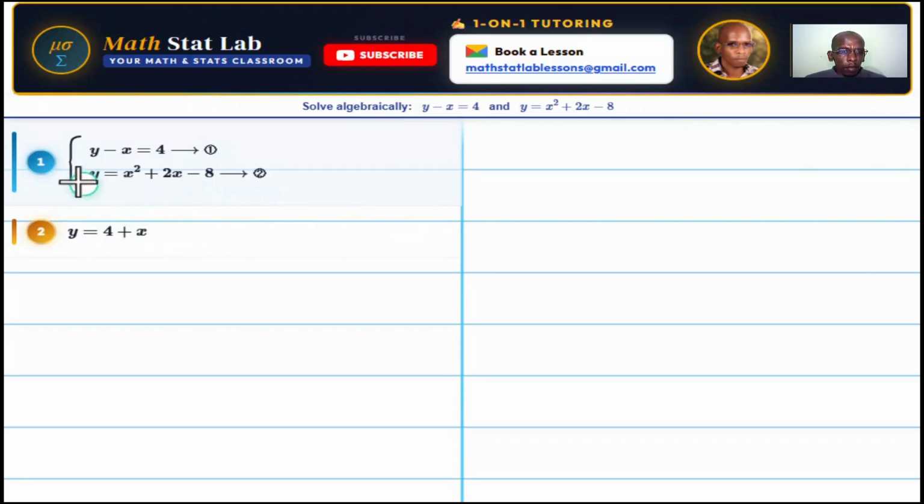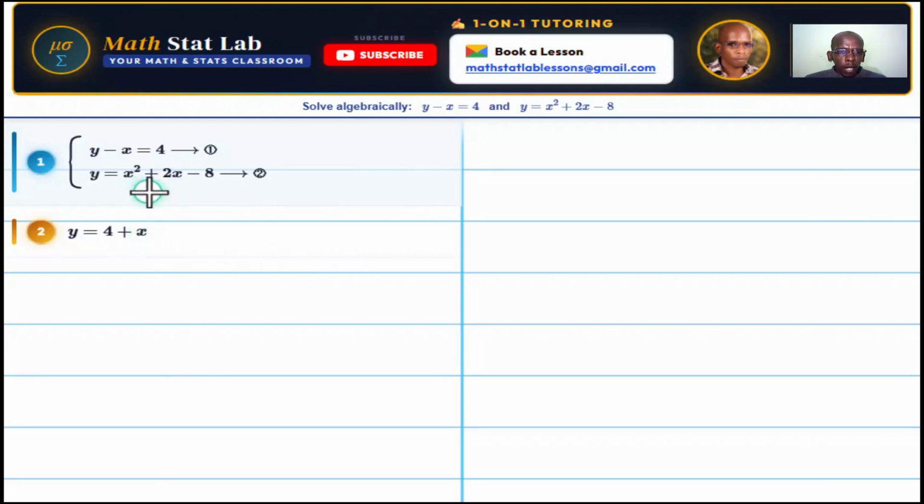So now you see we have the two equations as y is equal to 4 plus x, and the second one is y is equal to x squared plus 2x minus 8. Since the y's are the same in both equations, those y's are equal. And if they are equal, then their expressions are also equal.